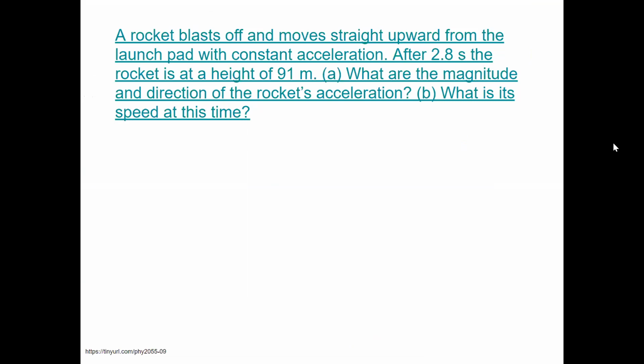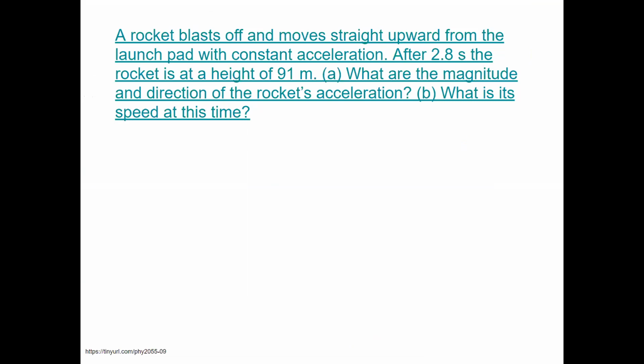All right. So this one says a rocket blasts off and moves straight upward from the launch pad with constant acceleration. After 2.8 seconds, the rocket is at a height of 91 meters. What are the magnitude and direction of the rocket's acceleration, and then what's the speed at this time?